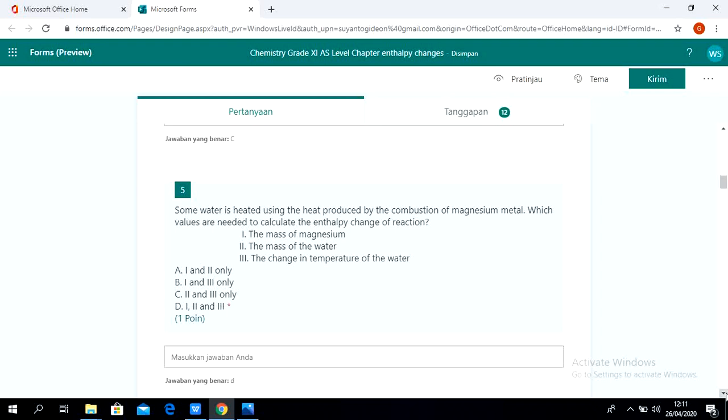That is from the mass of the water and the temperature change. And then the specific heat capacity, in here we are using the specific heat capacity of water. Why? Because water is heated.